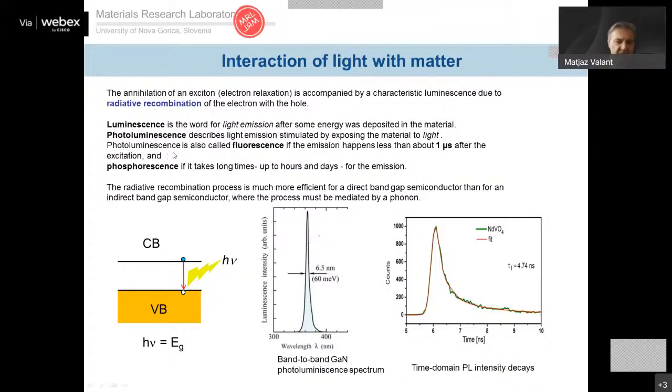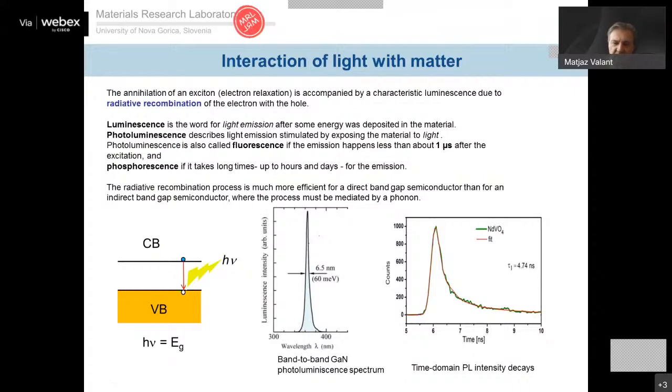Sometimes we call it fluorescence, from the term of mechanism. Photoluminescence, well, fluorescence is the same, and phosphorescence is also the same. The difference is just in the lifetime of the exciton. So we call a material fluorescent if the emission happens less than about 1 microsecond after excitation.